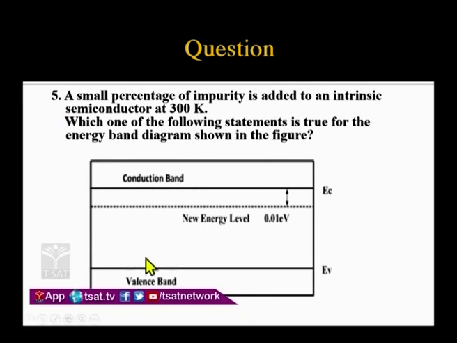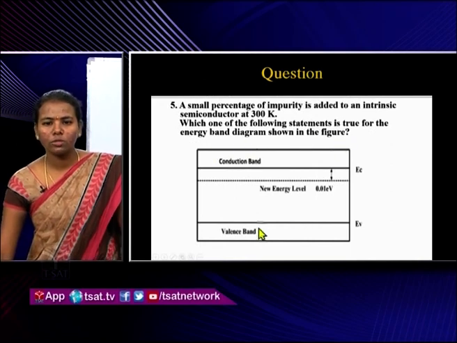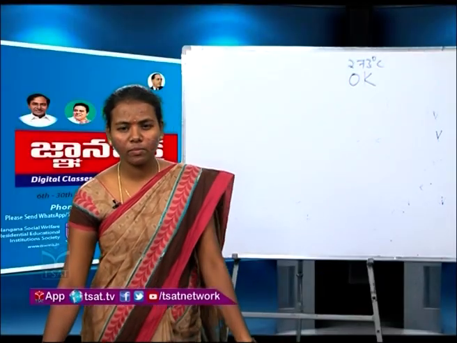See this question, a little complex but very important. A small percentage of impurity is added to an intrinsic semiconductor at 300 Kelvin. Which one of the following statements is true for the energy band diagram shown in the figure?